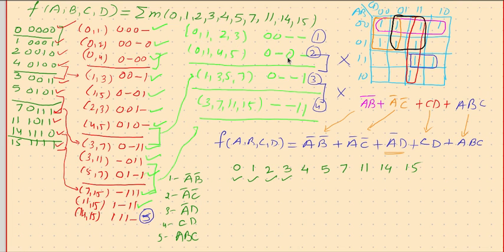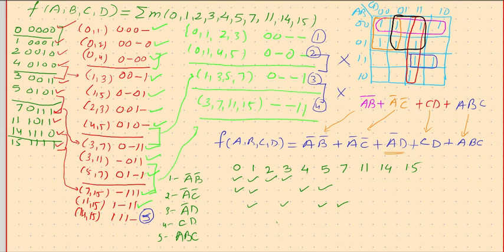Okay, next A bar C bar we get from 0 1 4 5 combination. Done. Then A bar D we get from 1 3 5 7 combination, and this CD we get from 3 7.